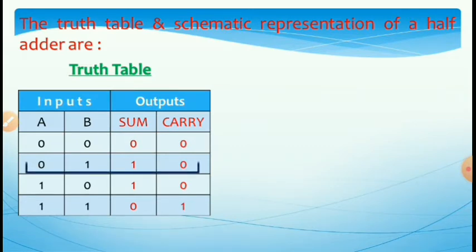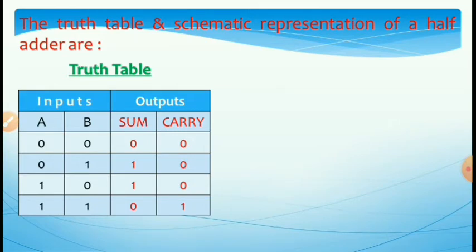In the second row, input A is 0, B is 1, and it produces sum as 1 and carry as 0. In the third row, input A is 1, B is 0, and it produces sum as 1, carry as 0. And in the last row, both the inputs are 1, they produce sum as 0 and carry as 1.